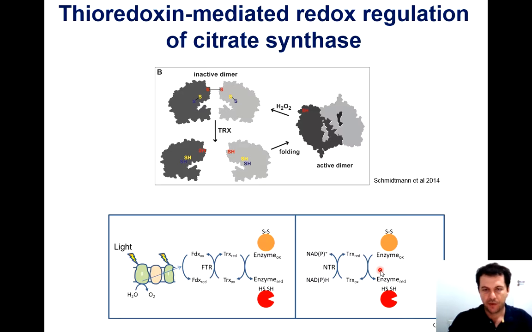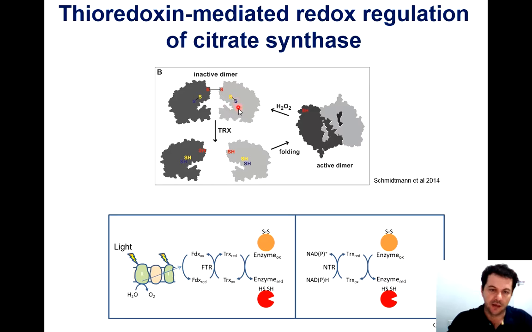And for example, one of the modes of regulation is redox regulation. We are going to see redox regulation many times in this course. You have already seen it sometimes because it's a very important point of regulation of metabolism. For example, here you have the citrate synthase case. Citrate synthase has two monomers that can combine together.